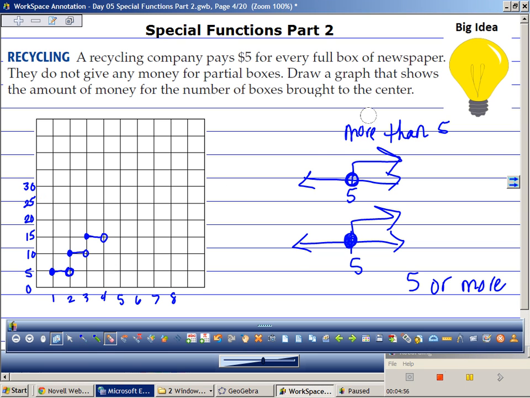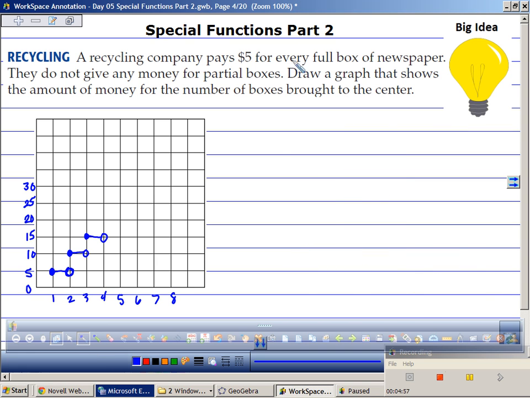Okay, let's look at this a little bit closer. So this is what's happening here. I plug in x, and I get the function of x, or y. Correct? I'm no longer going to put y there. It's going to be f of x. Okay, so I bring in half a box. How much am I going to get? Nothing.